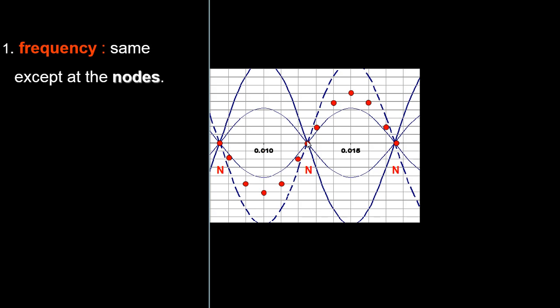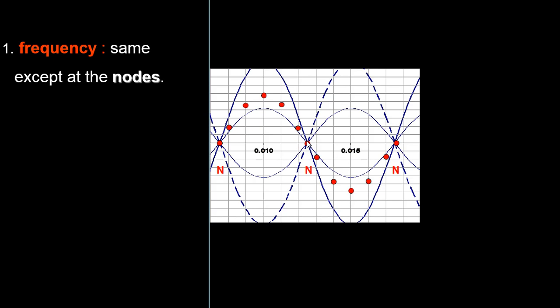So the time taken for them to complete one oscillation is the same. If they have the same period, they have the same frequency. So they all reach the maximum at the same time, equilibrium and lowest point at the same time. So they all have the same frequency, except at the nodes because it's not moving.